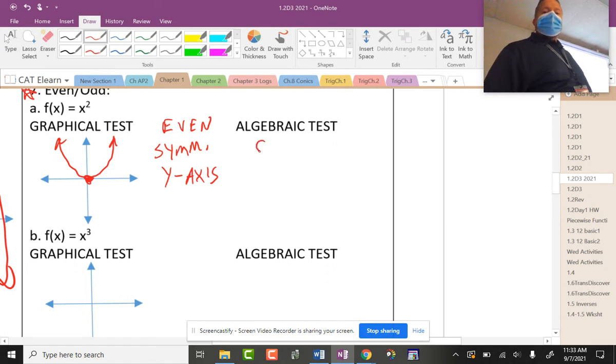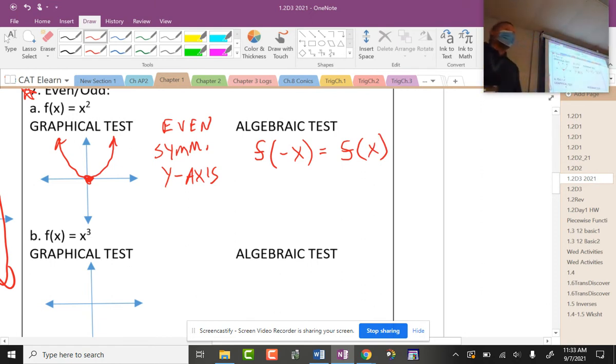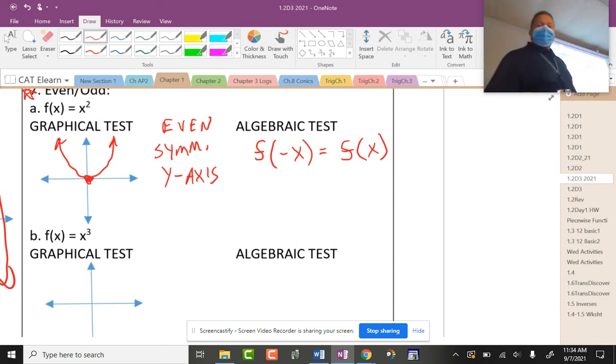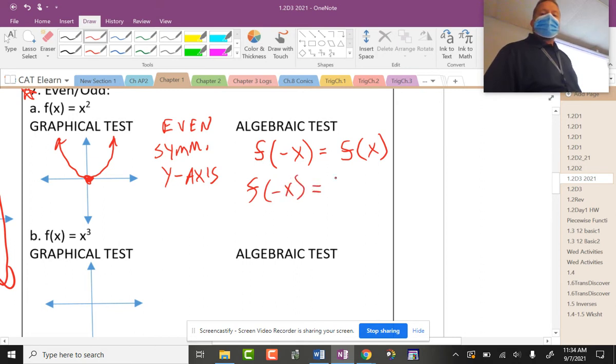Here is the algebraic test. If you plug in negative x for x, and there is no change, you get the original function right back, then you're guaranteed the graph will be symmetric with the y-axis and therefore be even. So here's how it shakes out for this one. I plug in negative x for x.